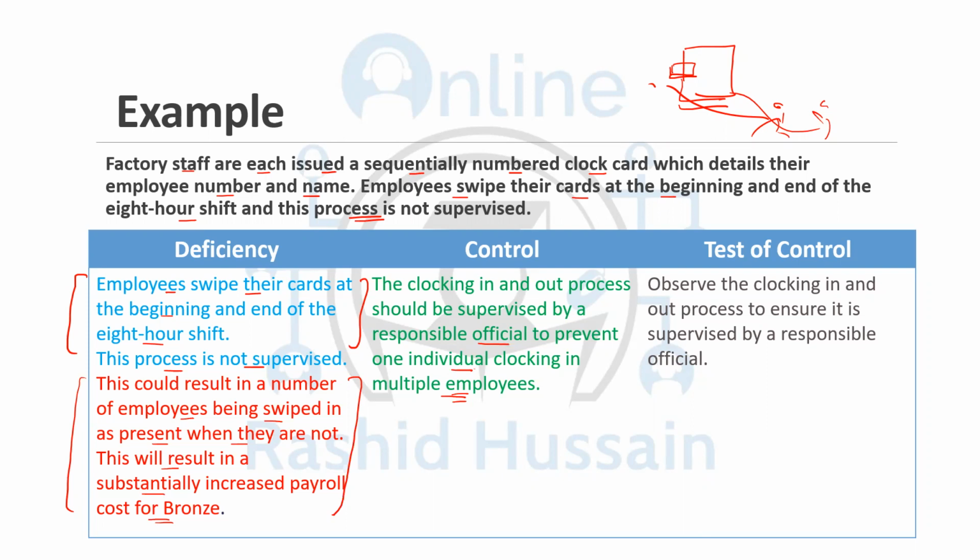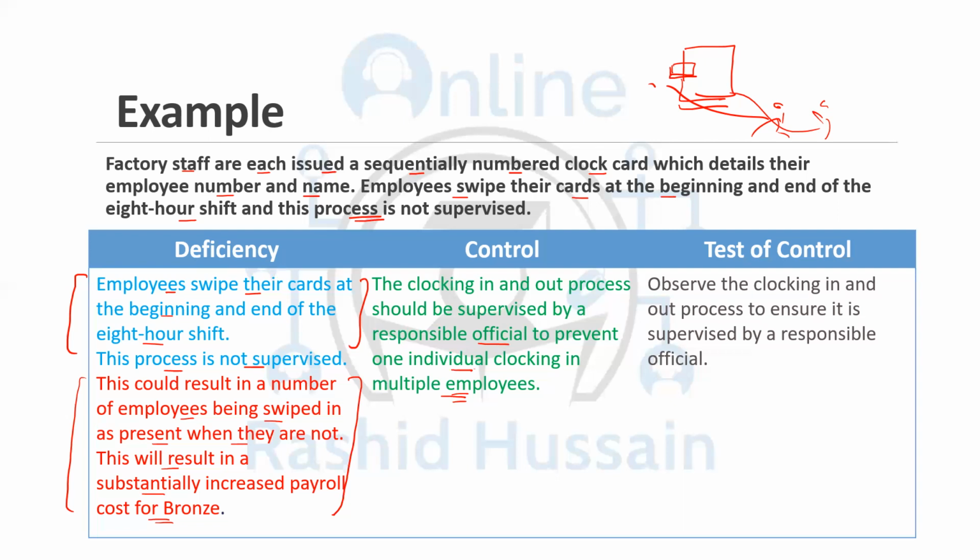Now, currently, this is a weakness: employees are swiping their cards, but no one is supervising that function. So as a result, a single employee may swipe multiple cards. Now, the examiner is asking you the test of control, if the system is operating effectively.